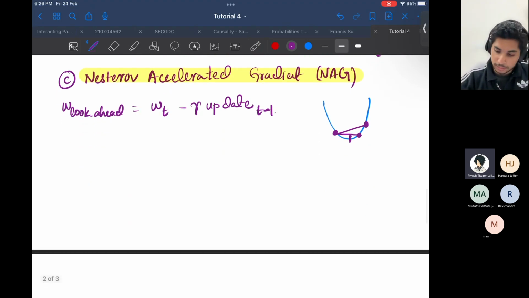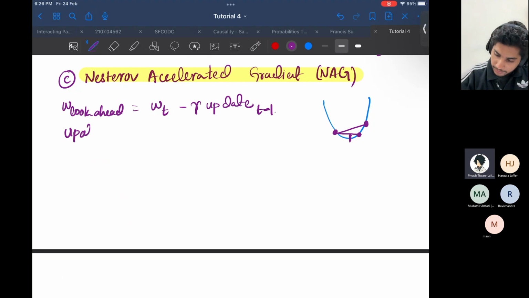And what do we do with this w look ahead? We calculate our new update. Our new update at time instant t is gamma times update t minus 1 plus eta times the gradient with respect to w look ahead.